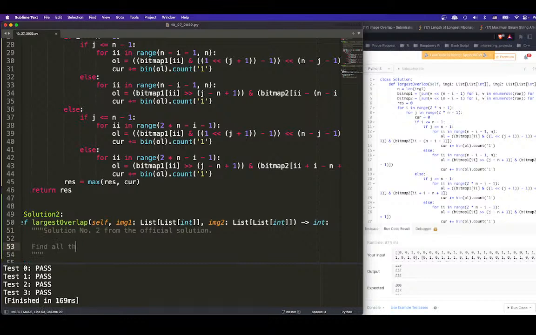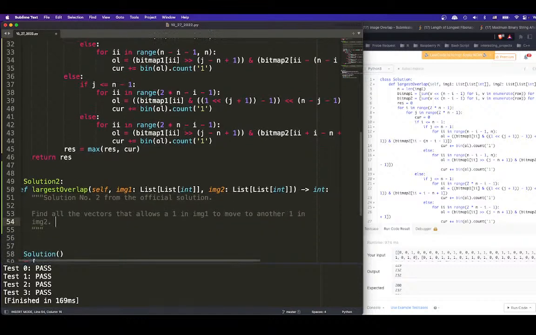Find all the vectors that allow a 1 in image 1 to move to a 1 in image 2. Keep count of this vector.